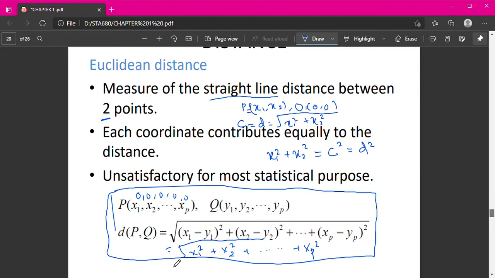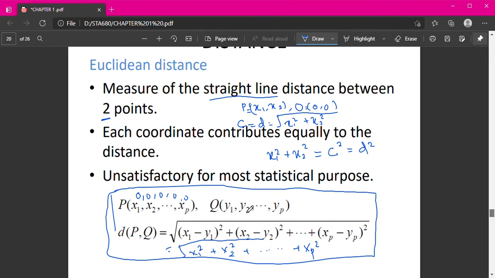Okay, one more thing that you should know adalah Euclidean distance ni unsatisfactory for most statistical purpose. Okay, dia tak sesuai untuk semua statistical purpose, ataupun most of that is not reliable using the Euclidean distance.